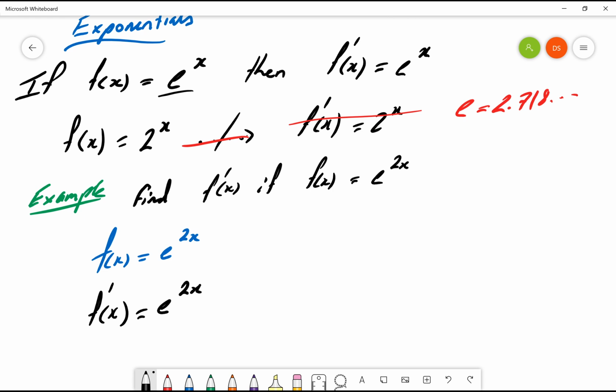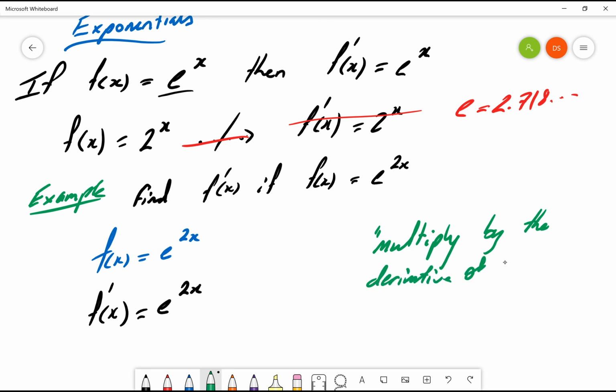No. Okay, so the basic function, how to differentiate, you don't do anything. But you've always got to multiply by the derivative of the inside.